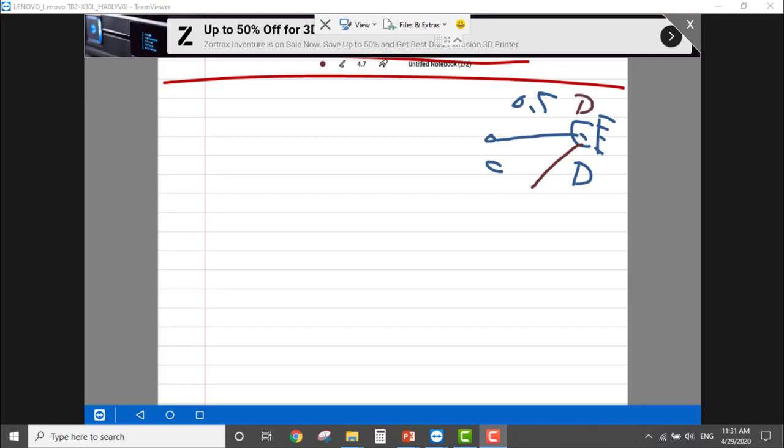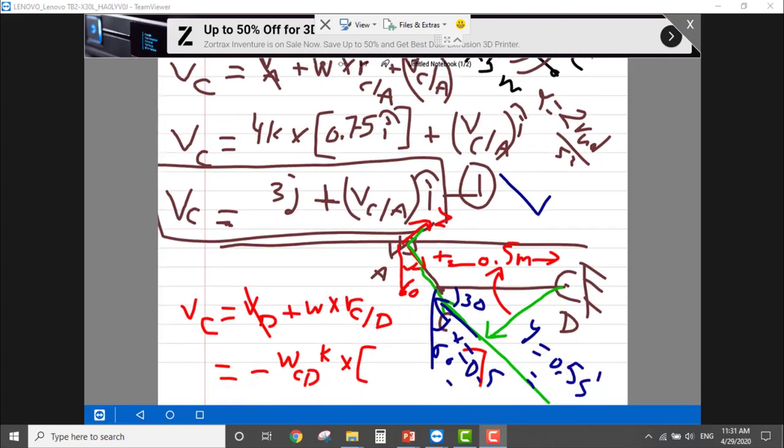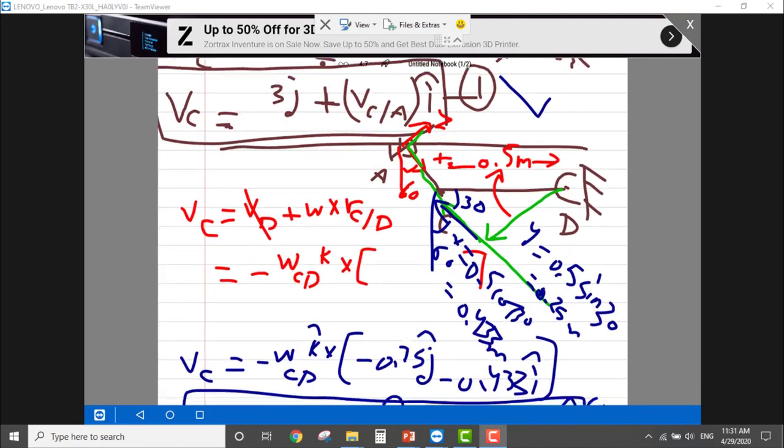So this is 0.25, and this length is equal to 0.4. Let me make sure that these values are correct. Yes, 0.25 and 0.4.